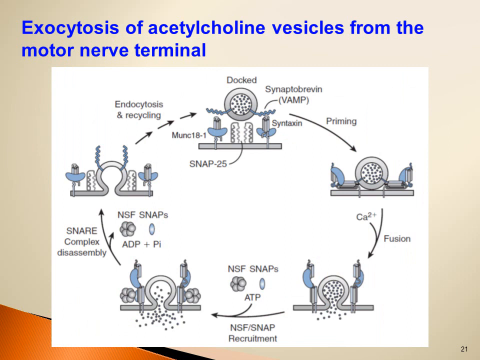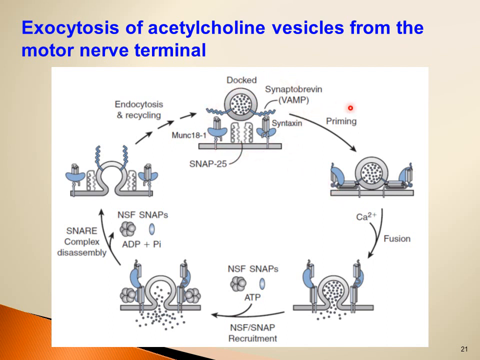So here we can see a full cycle of how things happen. First of all, the synaptic vesicles that are filled with acetylcholine become docked. This is called docking, where the synaptic vesicles are clustered near the active zone due to the interaction of the SNARE proteins.